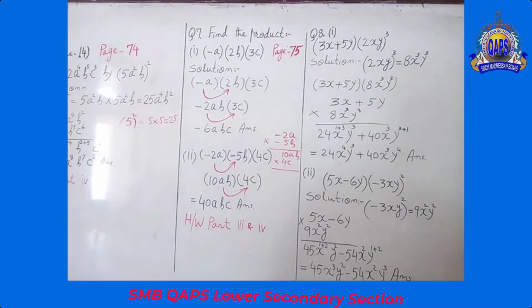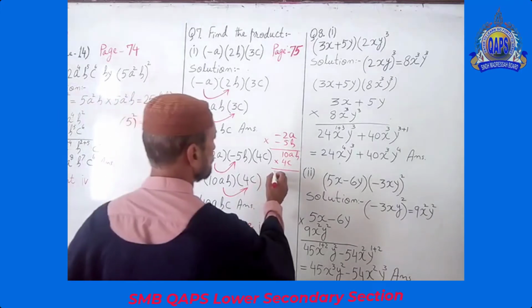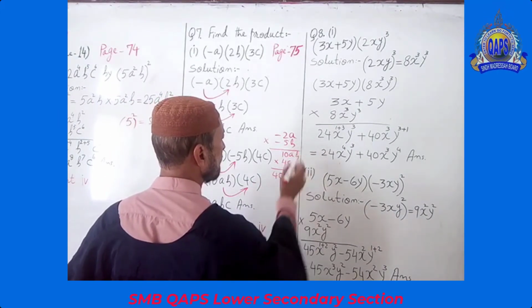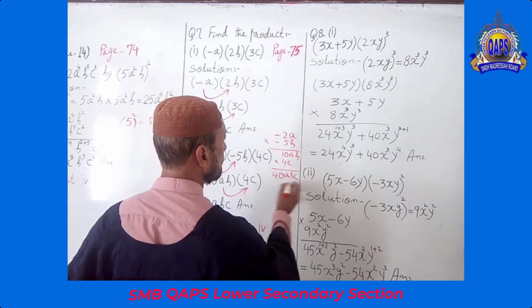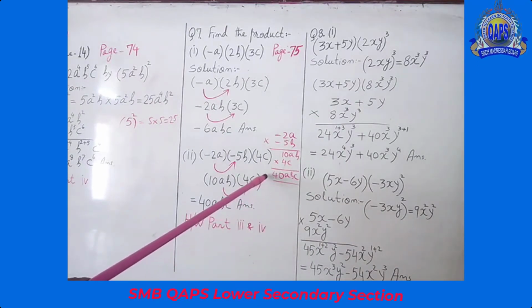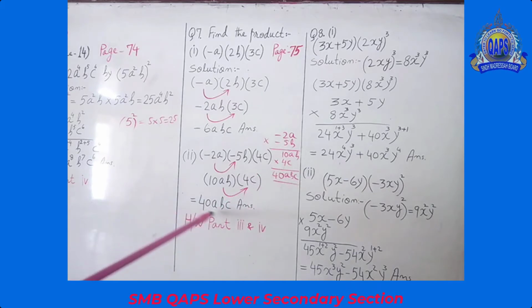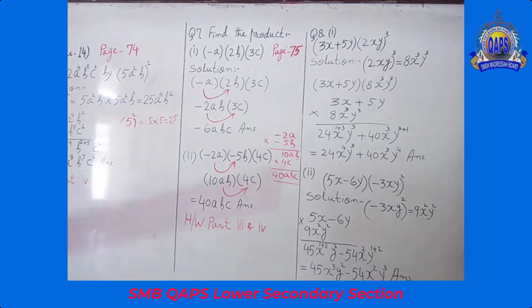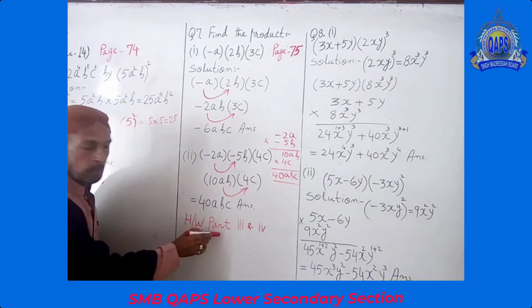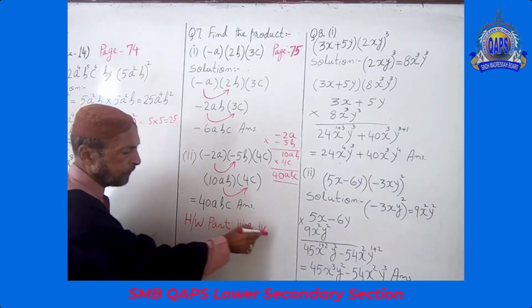4 times 10 is 40, A, B, C. Answer 40 ABC. Now, I hope you understand all these things. So, homework. Part 3 and 4.